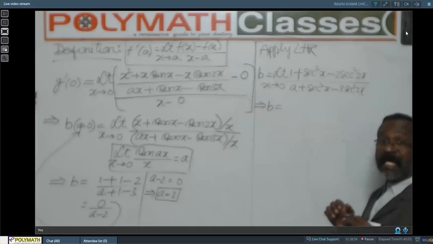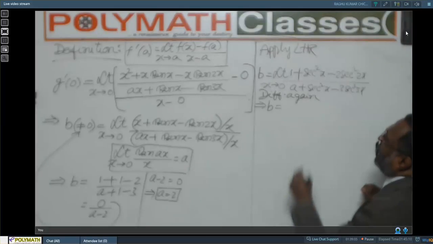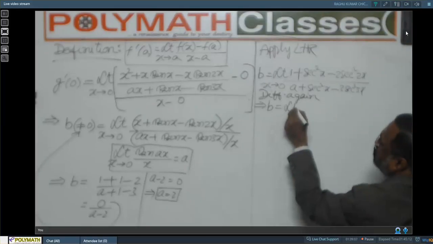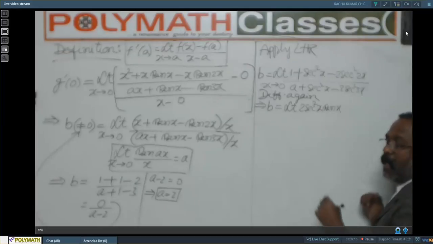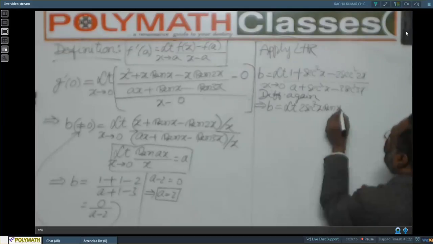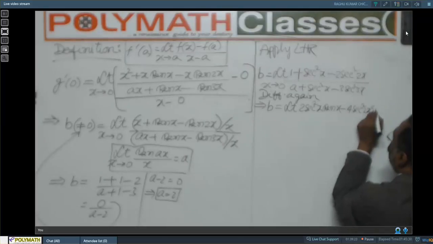The derivative of 1 is 0. The derivative of secant square x is 2 secant x into secant x tan x, which is 2 secant square x tan x, minus 4 secant 2x into secant 2x tan 2x into 2, so 2 tan 2x.